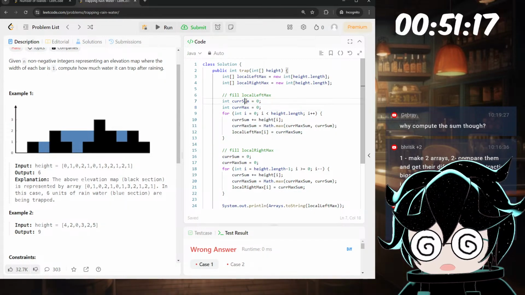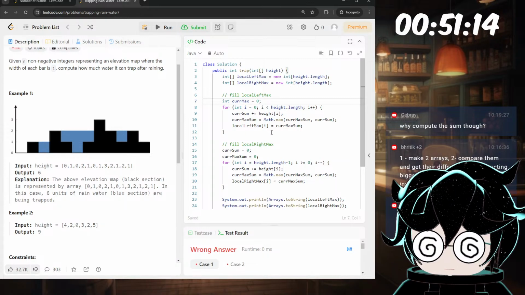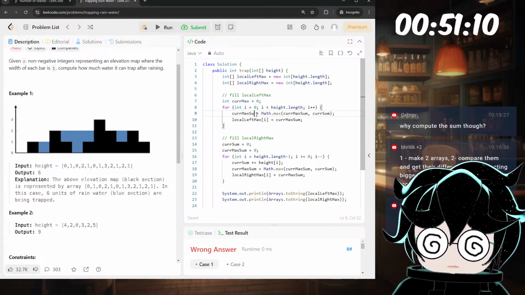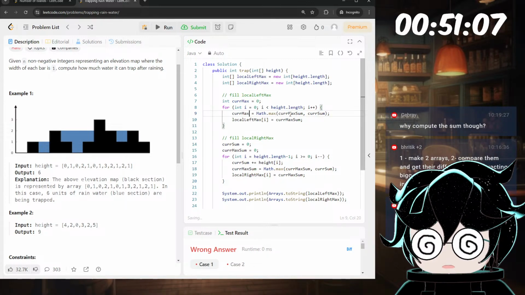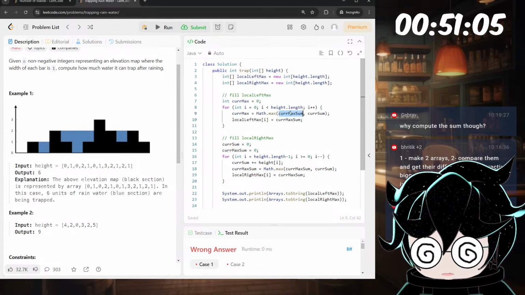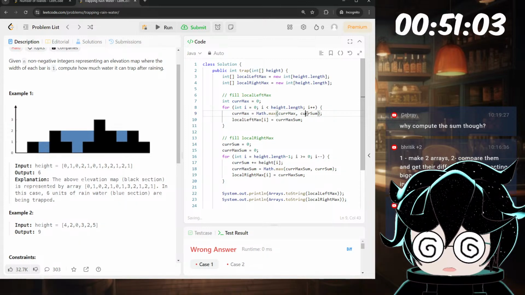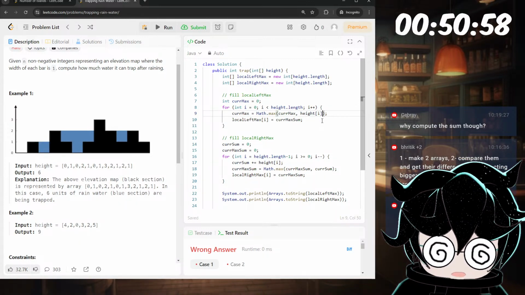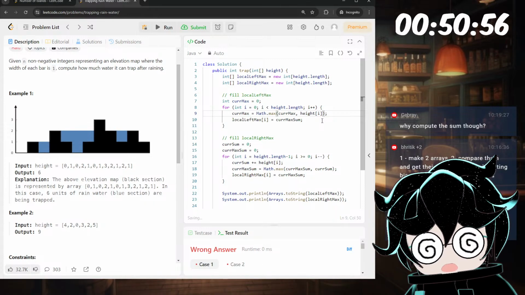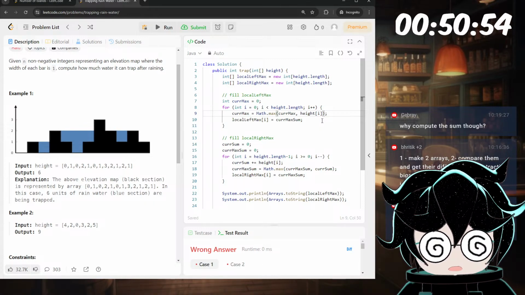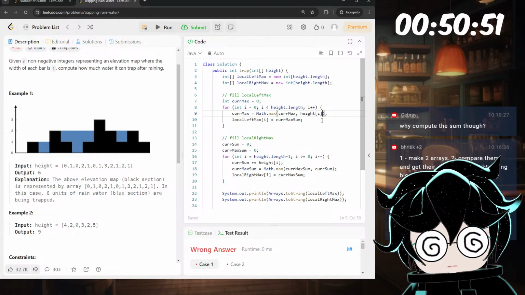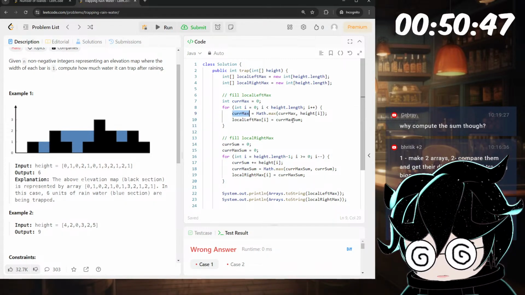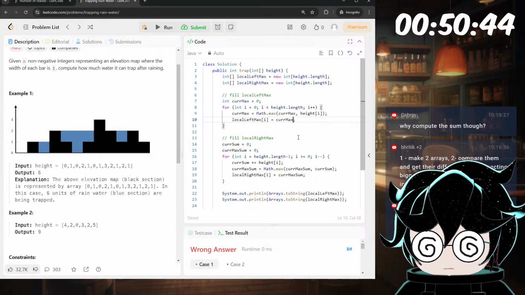I should be doing current max. So current max is equal to Math.max of the current max and height I. Oh, that's why you guys were messaging me earlier. I was doing the sum. Oops, my bad. Yeah, okay.